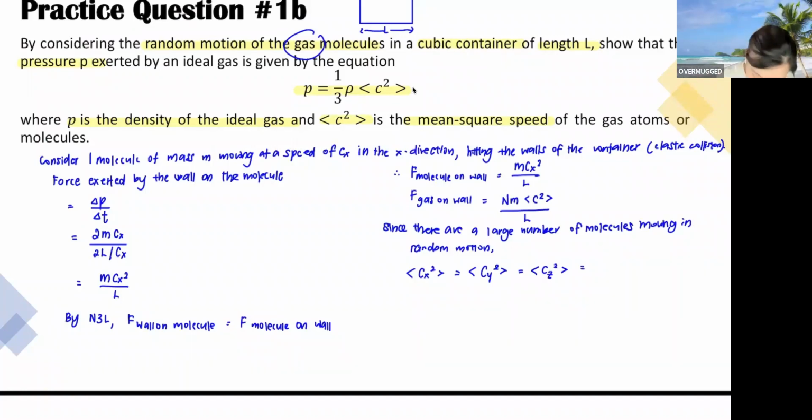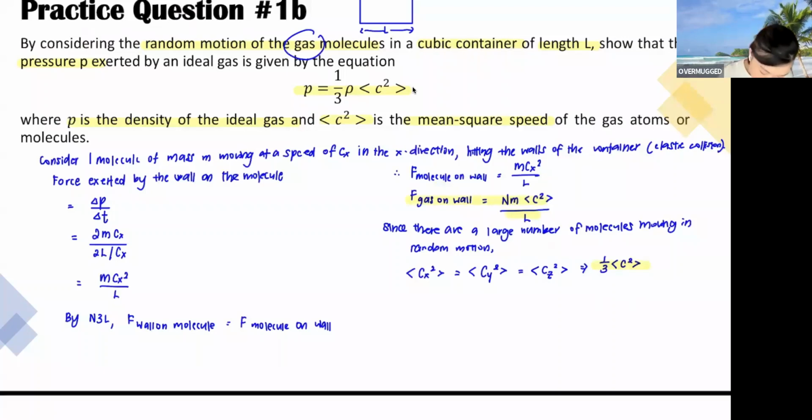So to calculate the average of all of these, it will just be the sum of their square speeds in the different directions, divided by 3. Okay? So we have gotten the force, we have gotten the speed.